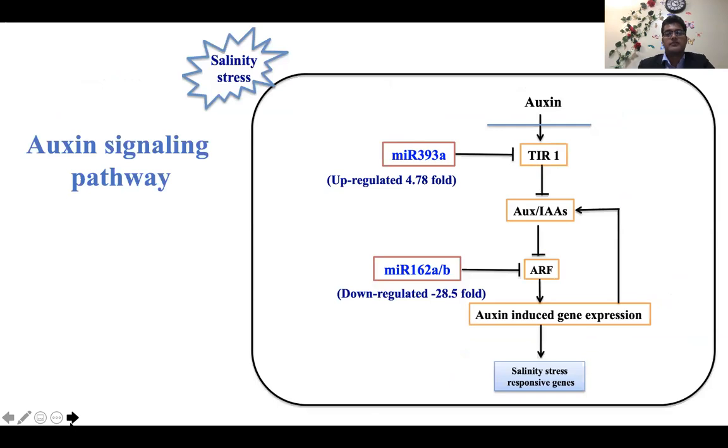Then we also found the pathways which microRNAs regulate during salinity stress, and we found that in pearl millet, microRNAs and their target genes regulate the auxin signaling pathway. Here you can see that these upregulated and downregulated microRNAs regulate many auxin signaling pathway genes, and these genes finally contribute to the salinity stress response.